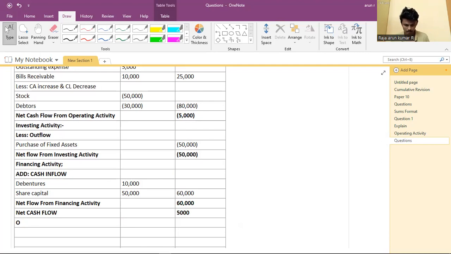Opening cash and cash equivalents, simply I get that cash and bank. Add the cash and bank. Okay.